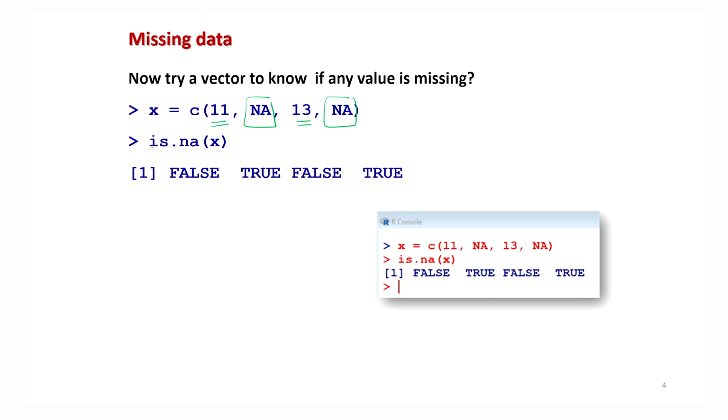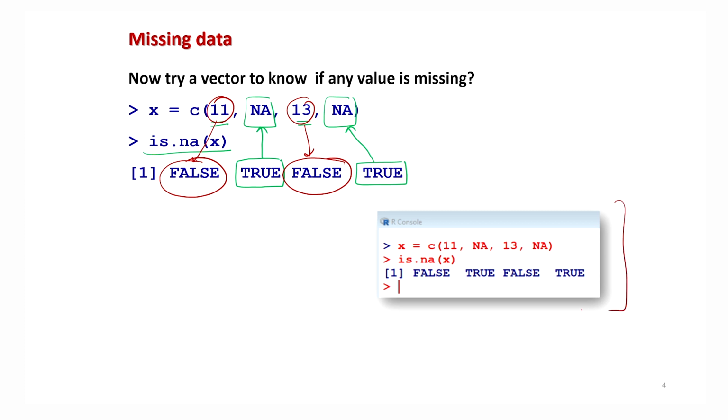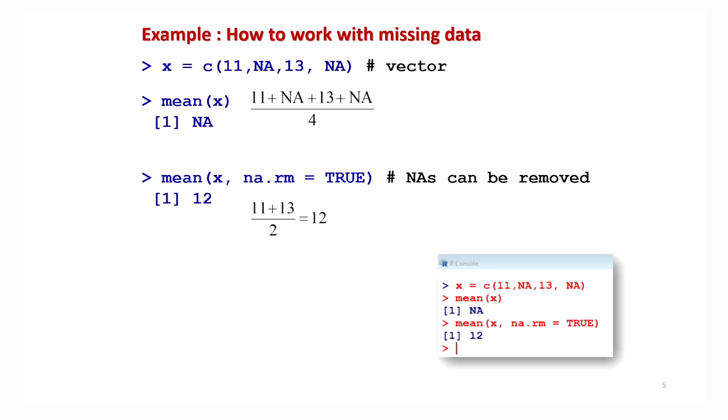Now when I operate is.na(x), you can see this is my outcome: false, true, and wherever it is true, you can correspond it to the NA value available in the data vector. And wherever we have no missing value, you can see 11 is indicated by false, and 13 is indicated by false, and this is the screenshot. Right, so you can believe at the moment that it is going to be correct. So this is how we take the data vector.